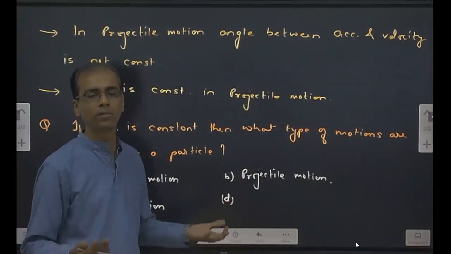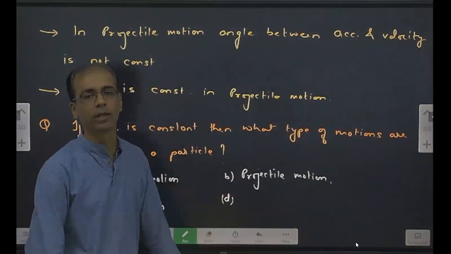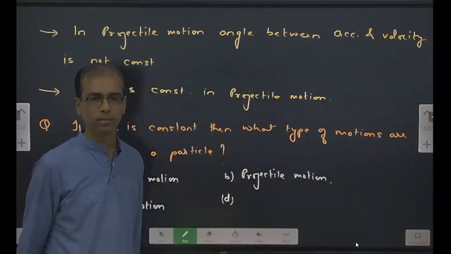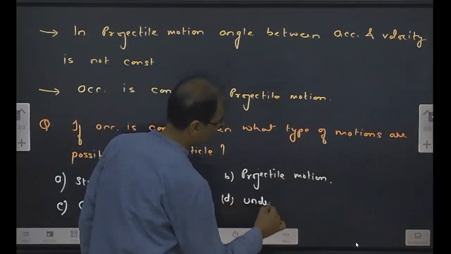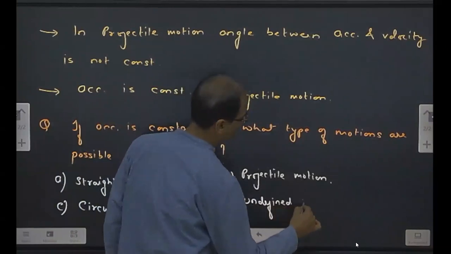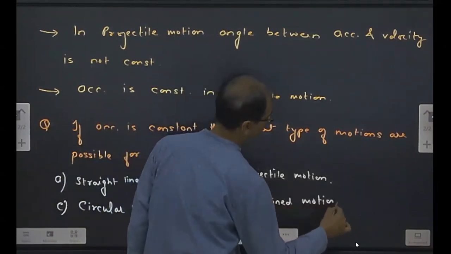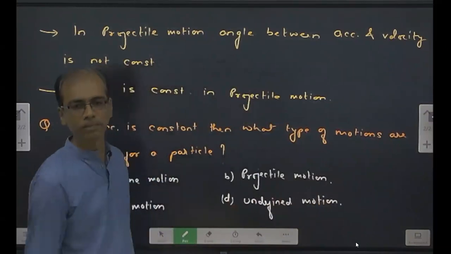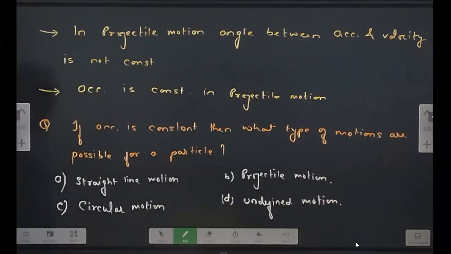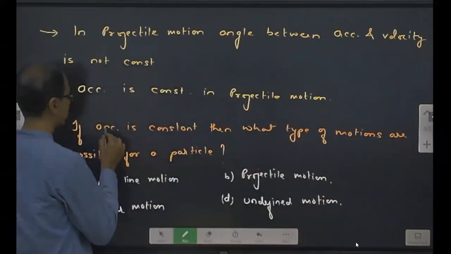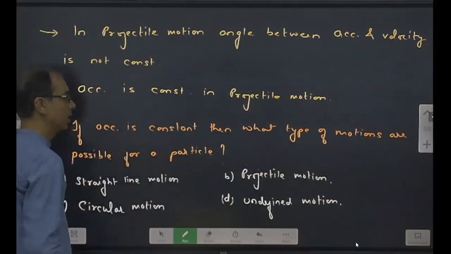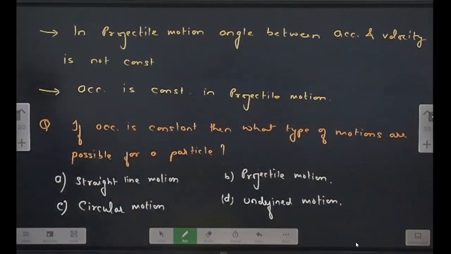It may have a different kind of motion at different instants, so undefined motion. These are the 4 options, and this is a multiple choice, so more than one correct answer is possible. If acceleration is constant, then what type of motion is possible for a particle? Note the question. I'll discuss the answer.